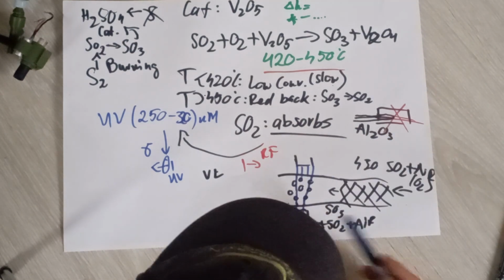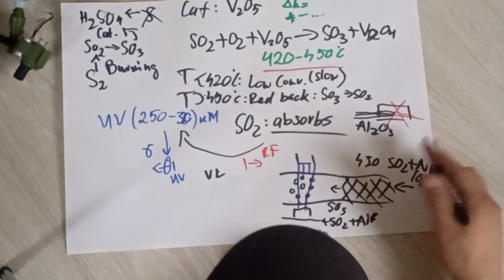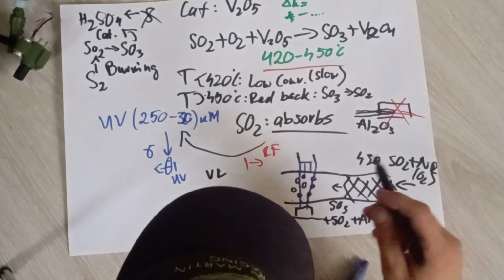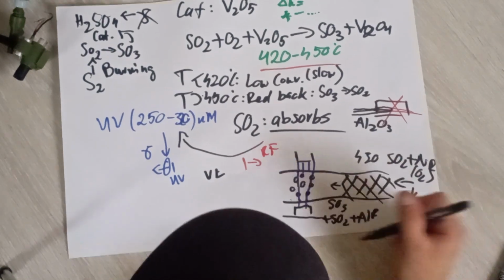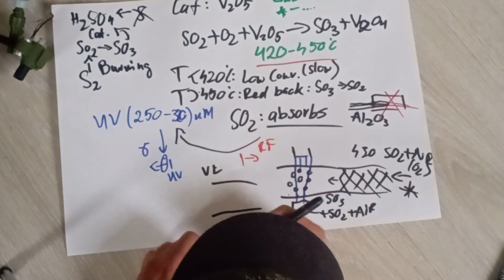So basically that's this amount. If we were to look at this side, let's say here, there's a little star. The star signals another part.